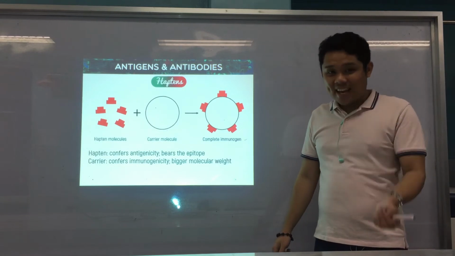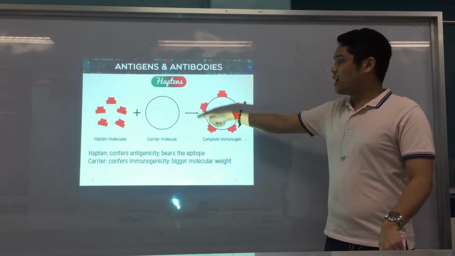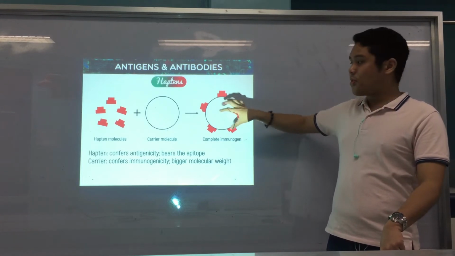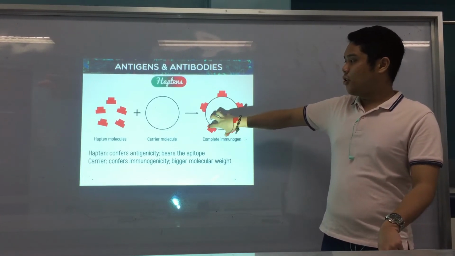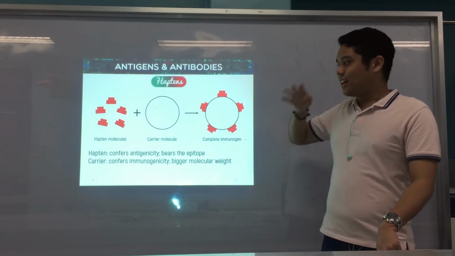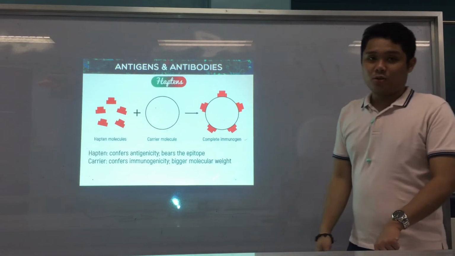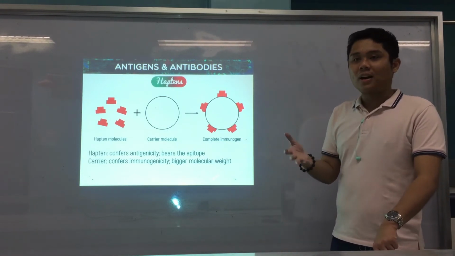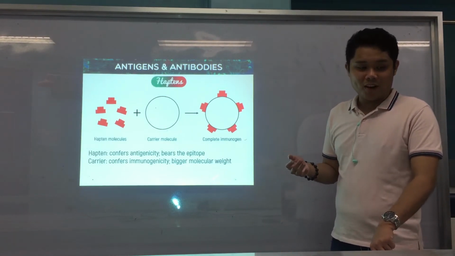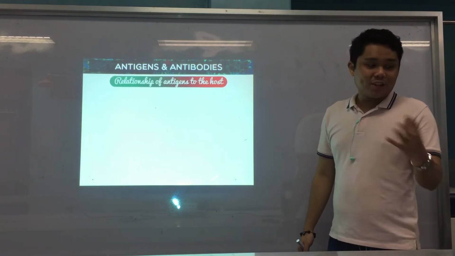It will be recognized by the immune system, because it was recognized before through the combination of the hapten and the carrier molecule. So your immune system will attack the hapten molecules even if it is small and even without a carrier molecule.